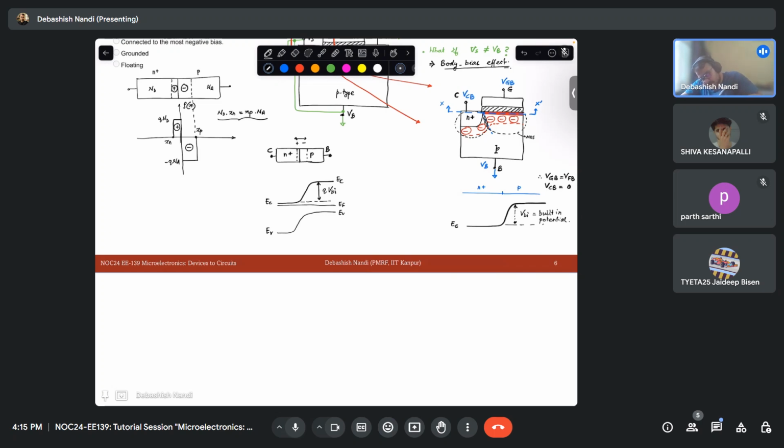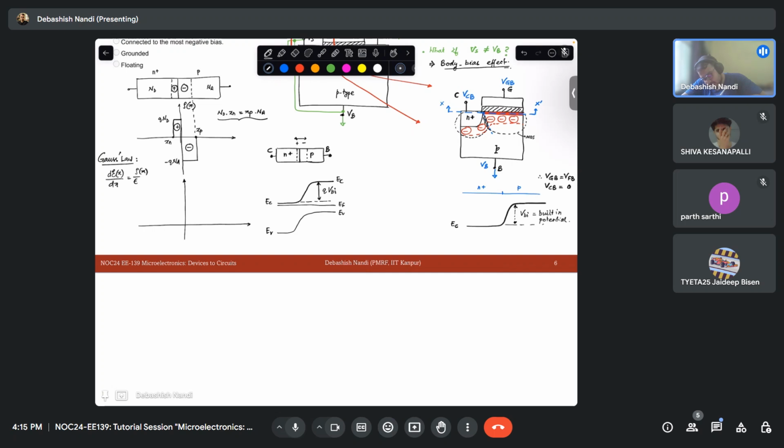From rho to electric field, how do you plot? What is the relation from rho to electric field? The derivative of electric field of x over dx is rho of x over epsilon. This is called Gauss's law. So from that you plot your electric field.